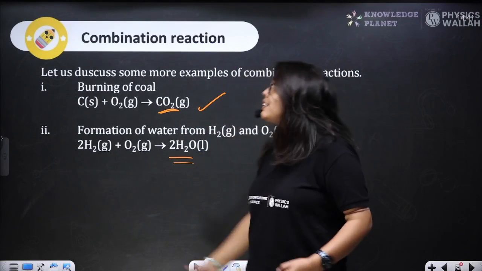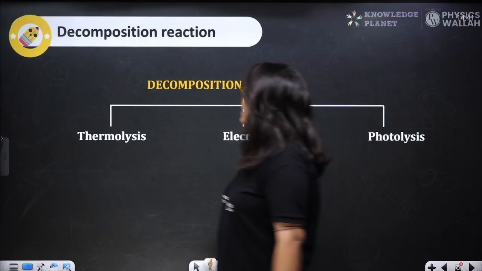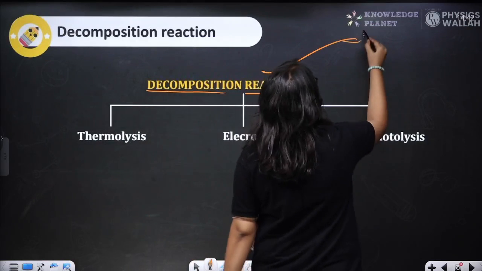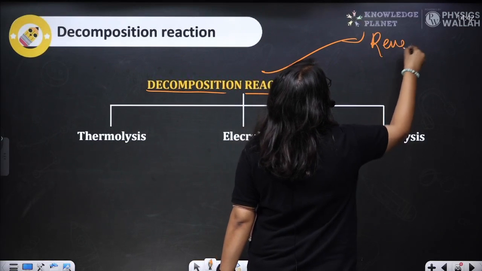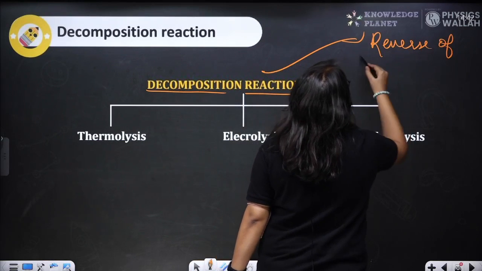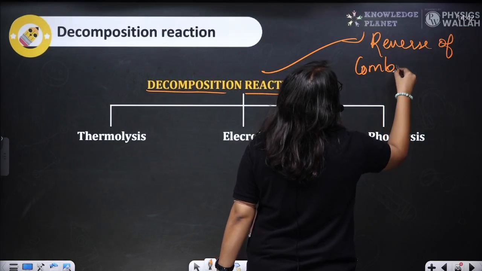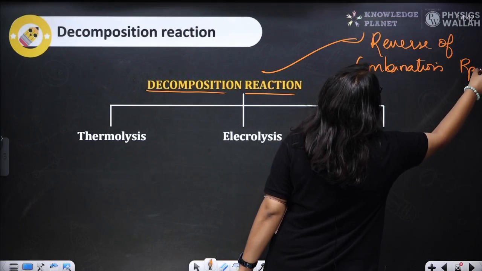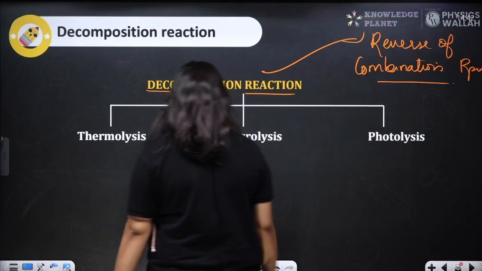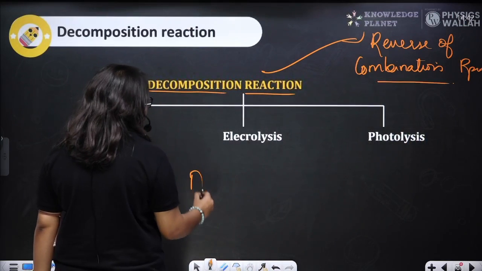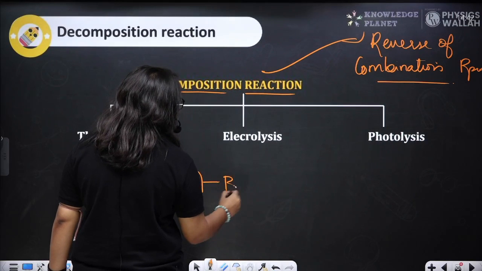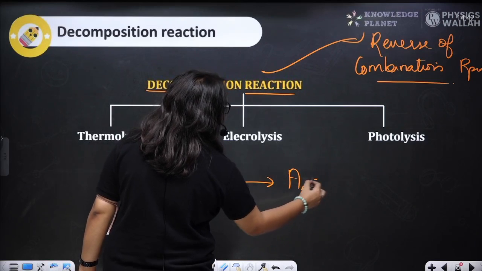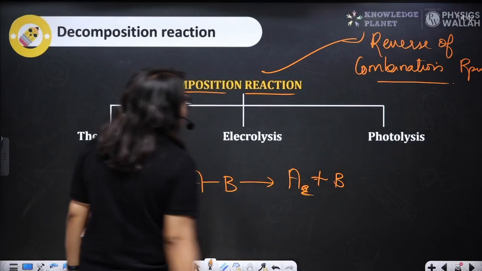Now let's understand decomposition reaction. Decomposition reaction is the reverse of combination reaction, because a single compound is going to break down to give rise to two or more products.